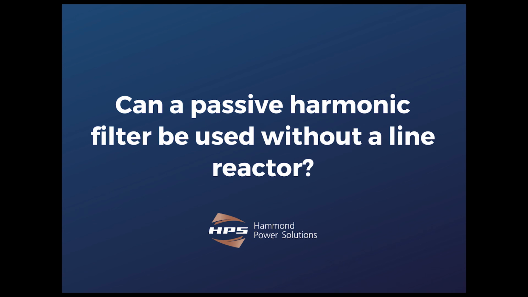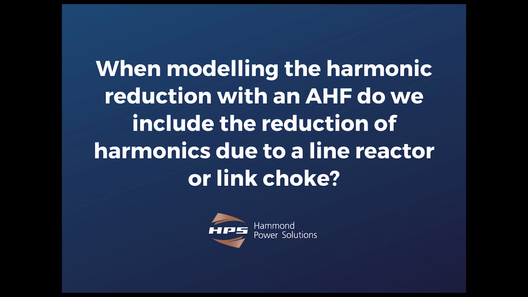Thank you. Next question. When we are modeling the harmonic reduction with an active harmonic filter, I'm going to go to one of our slides here, Bob. Do we include the reduction of harmonics due to a line reactor or a DC link choke when we do our modeling for active harmonic filters?